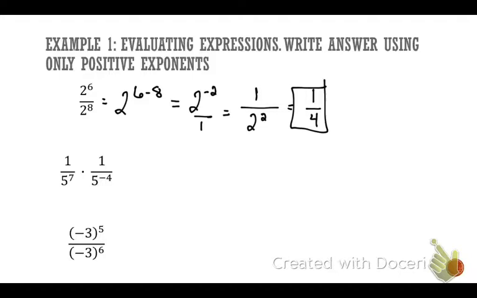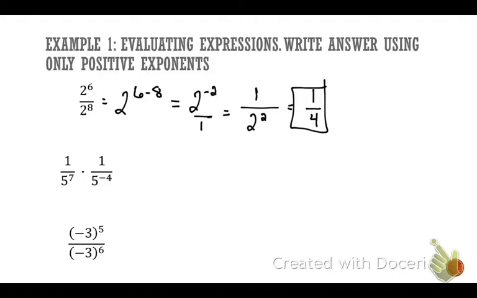All right, now on the next one, I see that I have 5 to the negative 4th power. I know I cannot evaluate a negative. However, before you just flip it, go ahead and do your product of powers. Because maybe after I do my product of powers, it's not going to be negative.